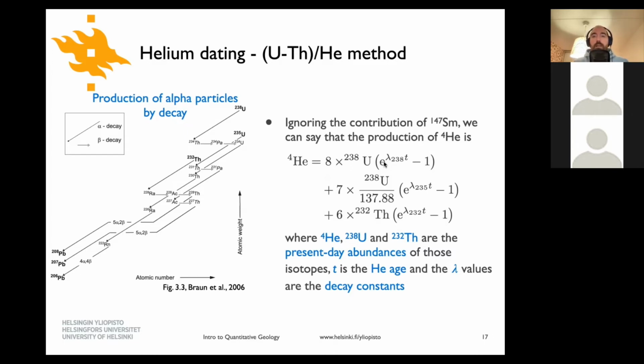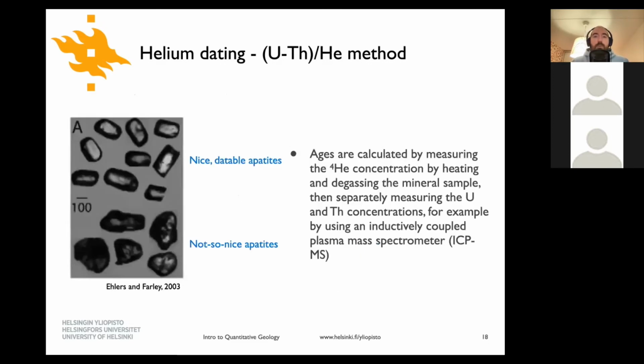And so you can see in each case here there's an e to the decay constant times t term that will determine how much helium is produced. And again, you don't need this for the exercise, just for some background information.